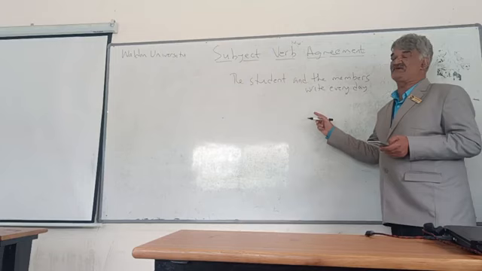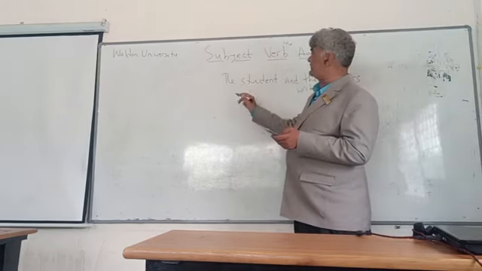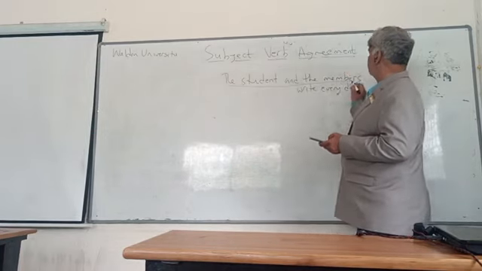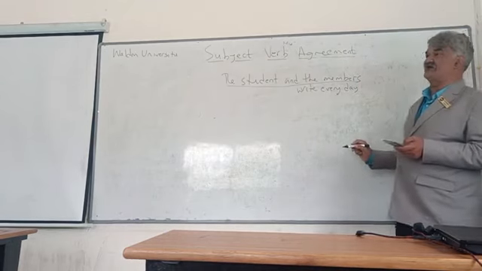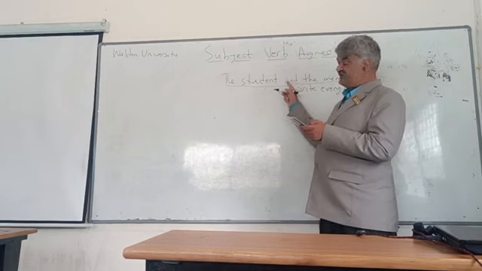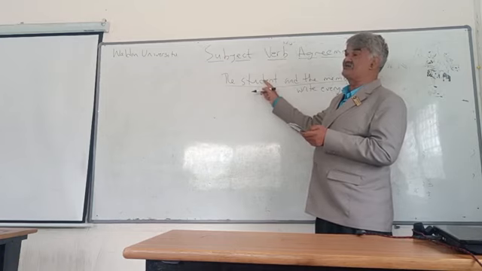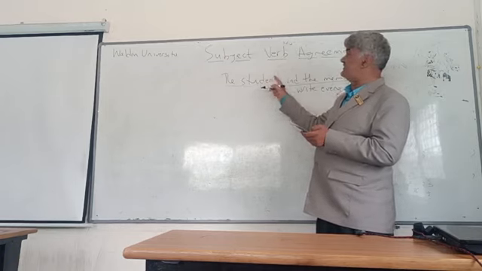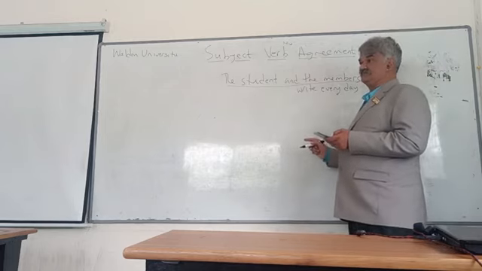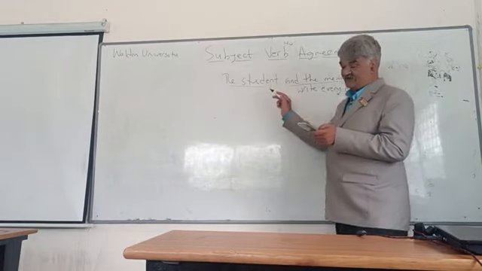It's a paraphrase. So here, what does the rule say? The subject of the sentence. What is the subject of the sentence? I'll underline it. This is the subject of the sentence. When the subject of the sentence is composed of two or more nouns, this is one noun, this is the second noun. So I'll read the rule again.